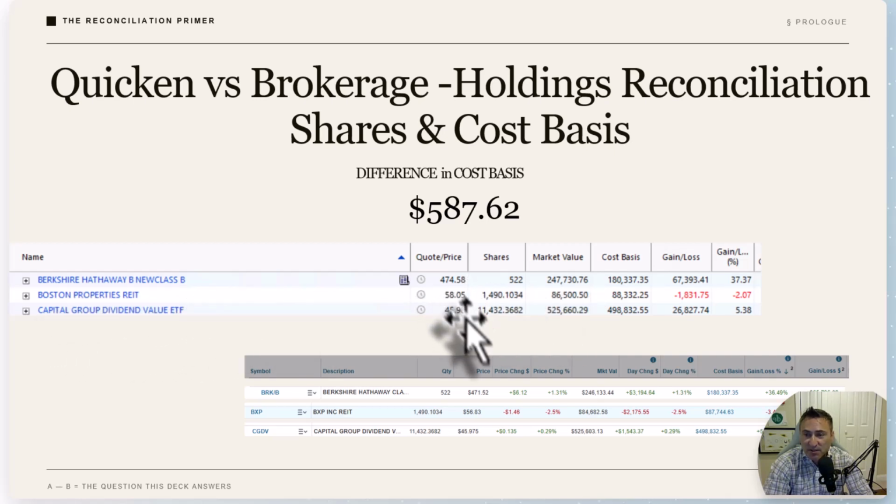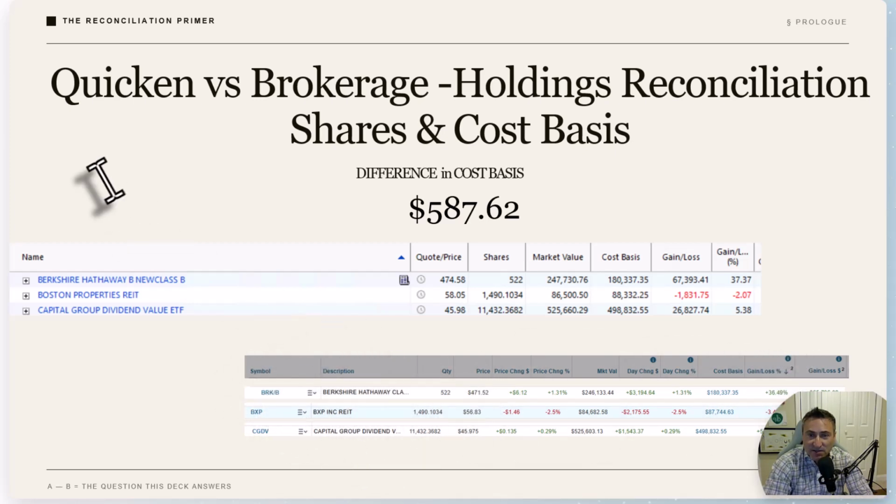The first thing we like to compare is the shares, and you've seen me do this in other videos. The second thing we like to compare is the cost basis. You'll notice the $180,333.35 matches exactly the Berkshire Hathaway basis in the brokerage. This is the online brokerage account.